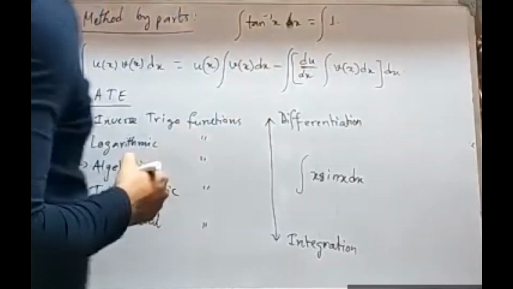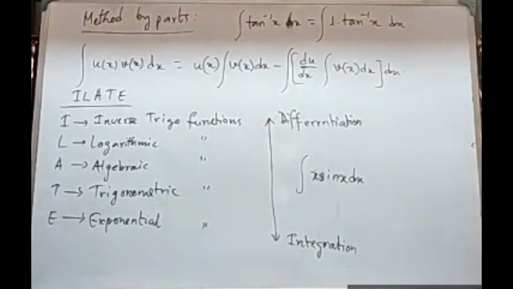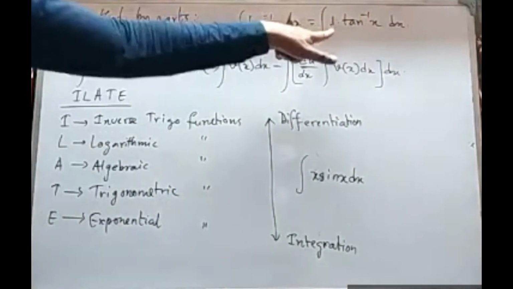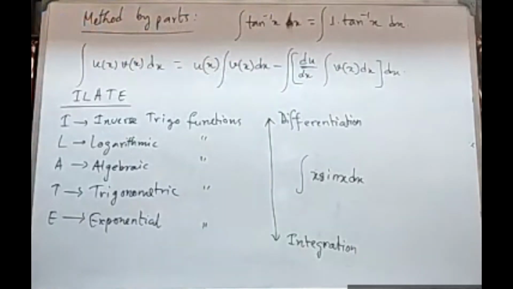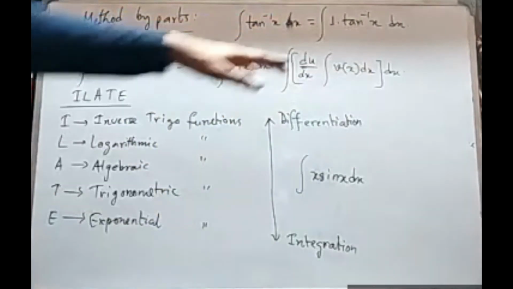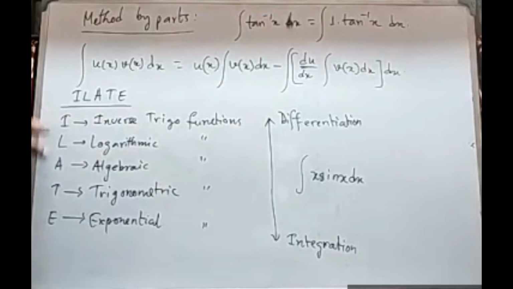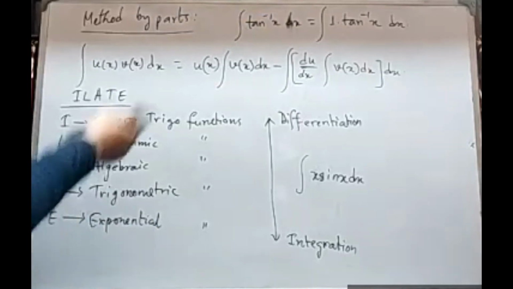One function we take as 1 and the other function we take as tan inverse x. So this is the product of two functions. And obviously 1 is an algebraic function and tan inverse x is an inverse trigonometric function. So according to this, the algebraic function needs to be integrated and the inverse trigonometric function should be differentiated. So according to that, we do the integral here.